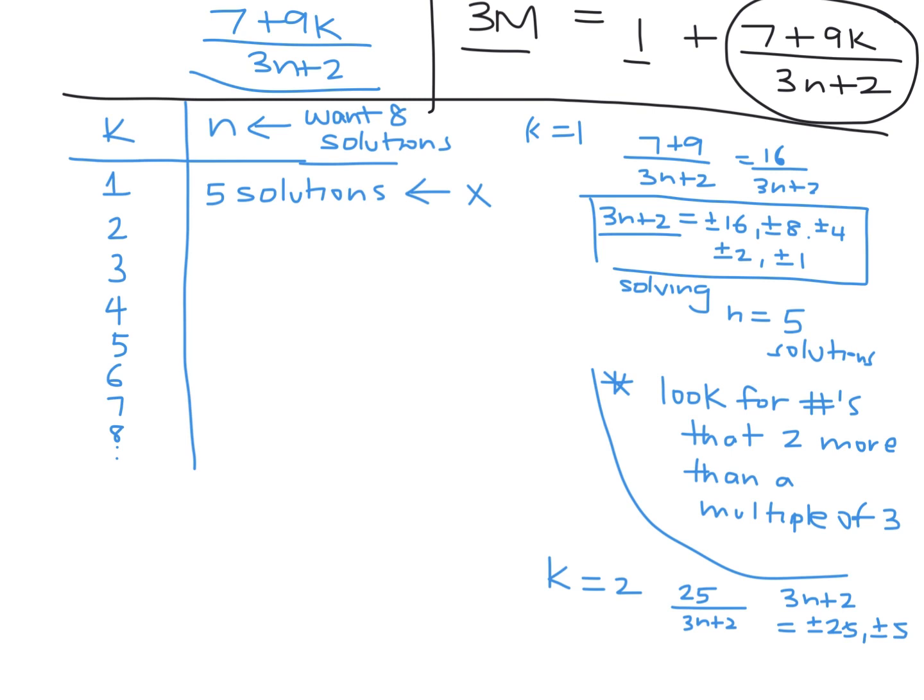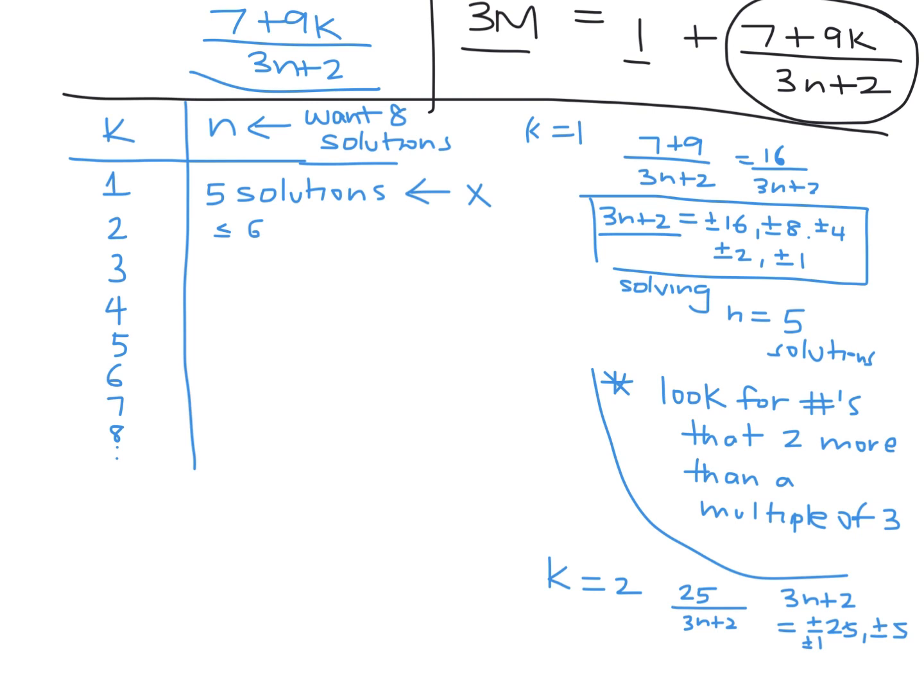That gives you at most 6, because even if all of those 6 gave you integers, you'd have at most 6. So you just keep on doing this: k equals 3, k equals 4, k equals 5, k equals 6, and so on.